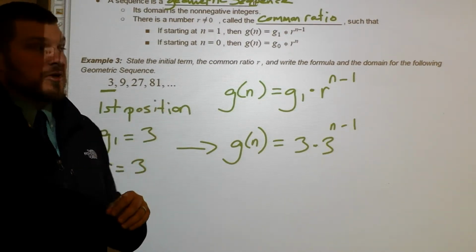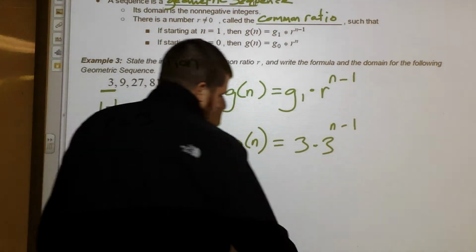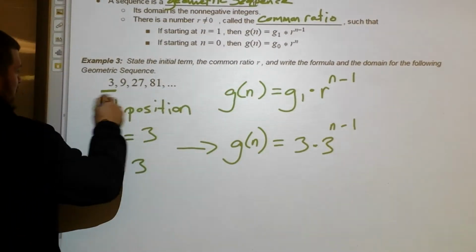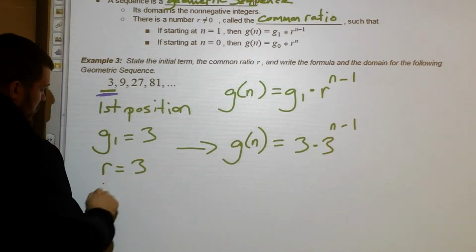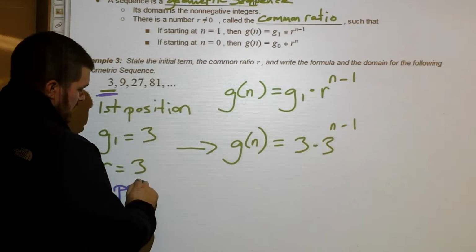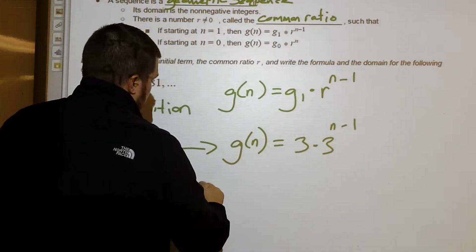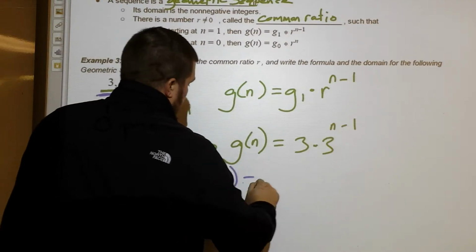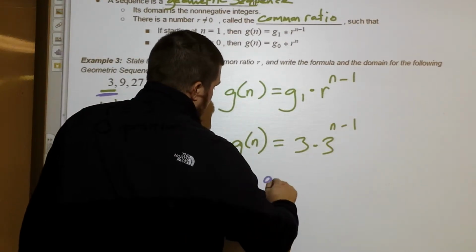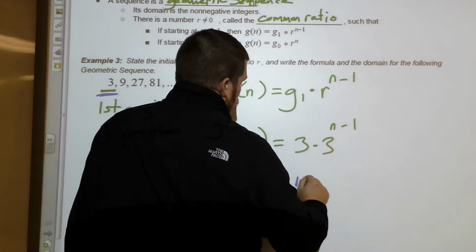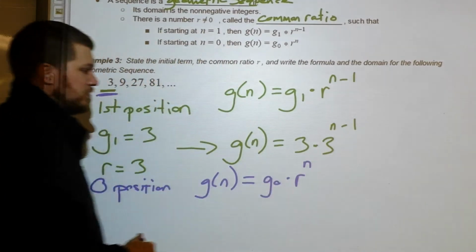Let's do it again, pretending we're starting at the 0 position. If I call this the 0 position, then I'm going to use this rule. g of n is just the value of the 0 position times the common ratio to the n power.